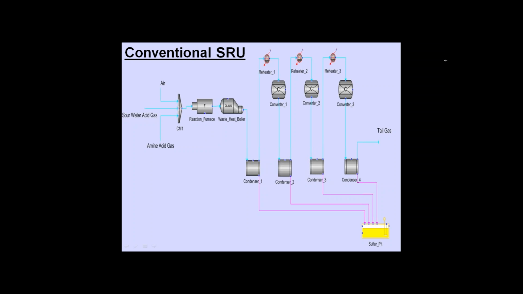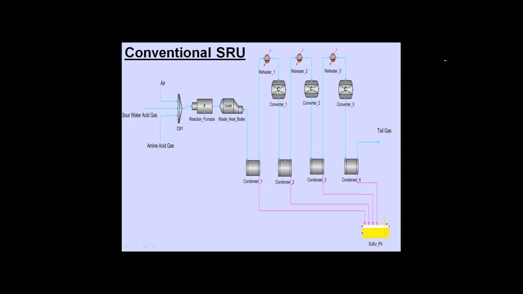That's that 2-to-1 ratio that's so important from a SRU performance potential perspective. Combustion air control is one of those important parameters with respect to being able to optimize operations in our SRU.